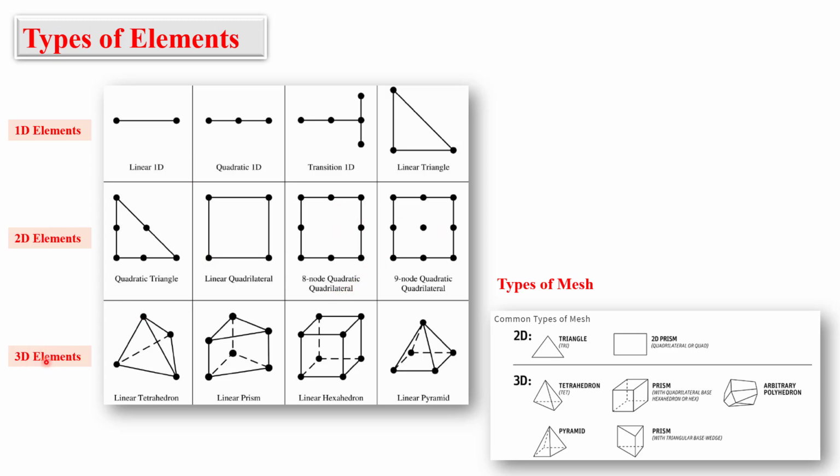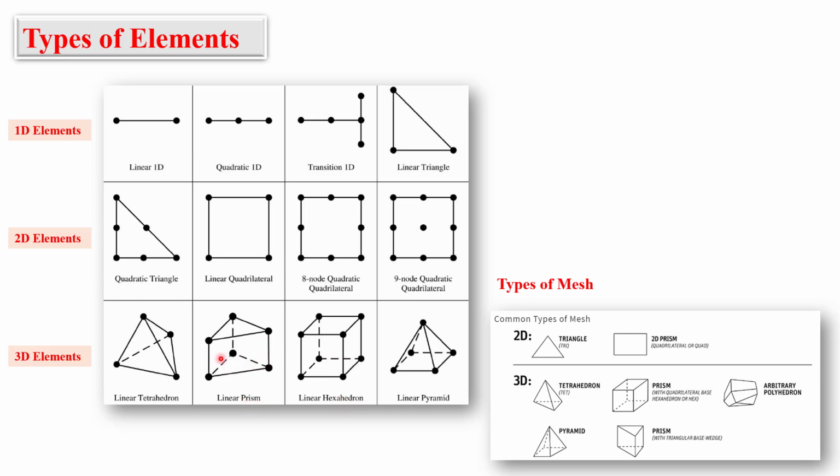When it comes to solid elements, that is 3D elements, as I told, we have the tetrahedron, the linear prism, and the linear hexahedron. Most of the time we use tetrahedrons, hexahedrons, and pyramids. While meshing, we will also have pyramids in the model, so remember that. Prisms and hexahedrons will be there likewise.